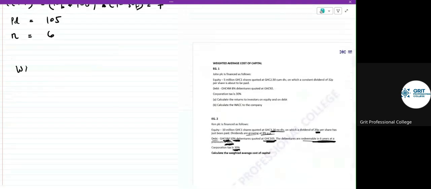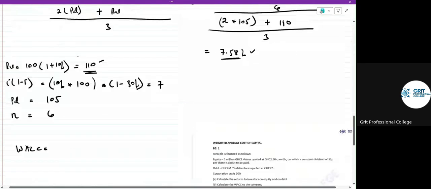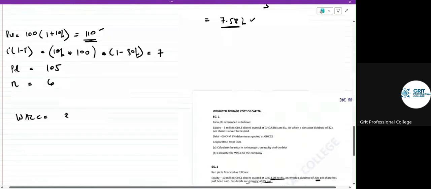And so our WACC will be equal to the value of equity, which is 32, over the total, which is 38.3, right?